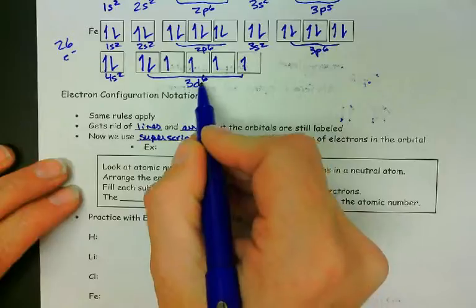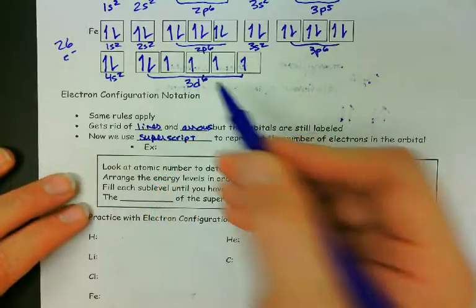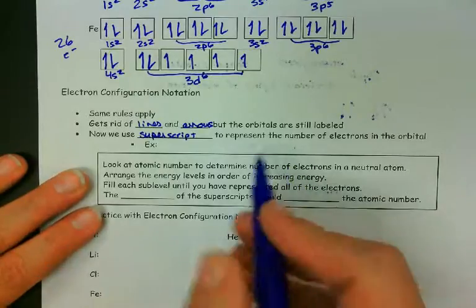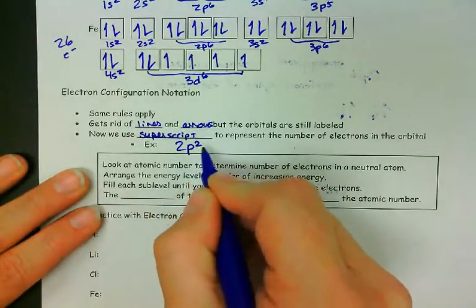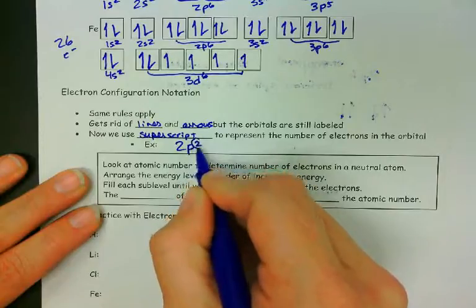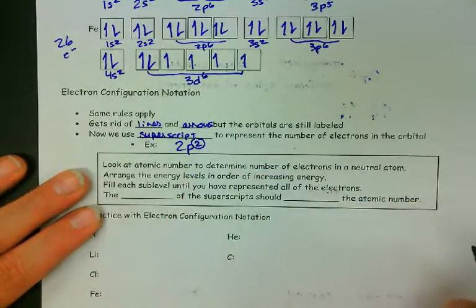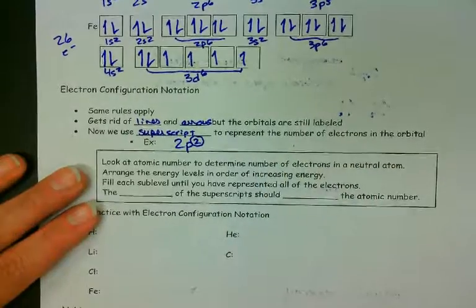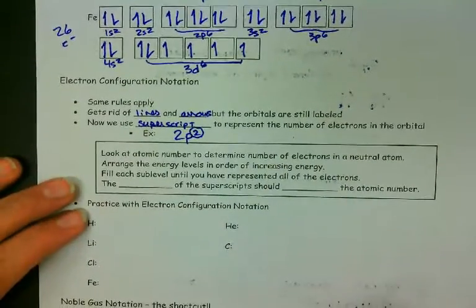Superscripts are those little numbers that are flying high above the number right there, kind of like Superman. Okay? They represent the number of electrons in the orbital. So when I talk about 2p2, this 2 right here tells you how many electrons. Okay, that's your superscript.